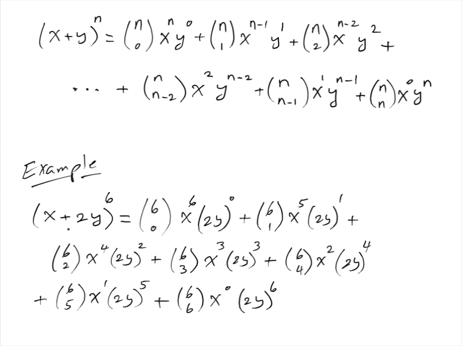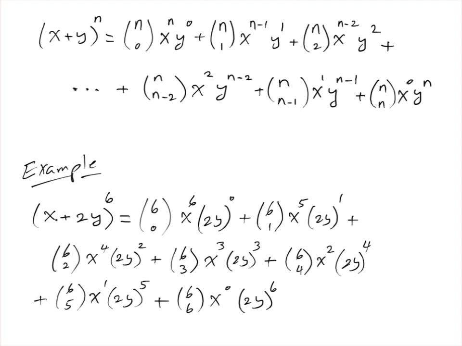So if we follow the binomial theorem, the above formula, you get 6 choose 0 because n is 6, and now you choose 0, and then 6 choose 1, 6 choose 2, all the way to 6 choose 6. Those are the coefficients.